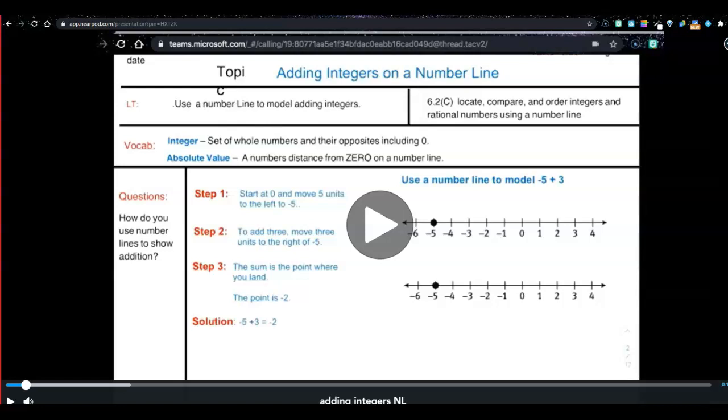So if you look down here, if both of my numbers are the same sign, my arrows will be going the same direction. For example, if I did -1 plus -3, I'd have 1 arrow going like this, and then 3 more would go like that.